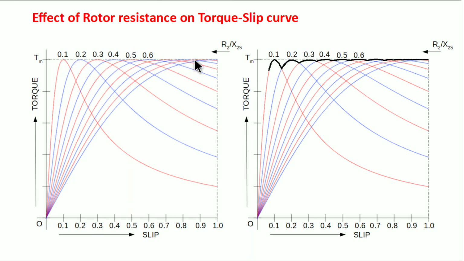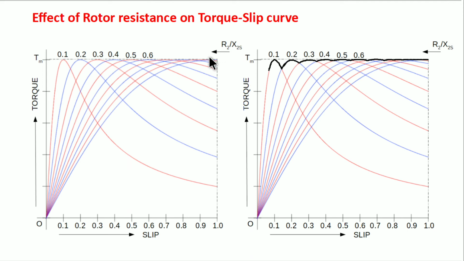The ratio of rotor resistance to rotor reactance varies from 0.1 to 1 in 10 steps. Accordingly, the curve changes its path for point 1, point 2, point 3, point 4 in the same way as discussed earlier.